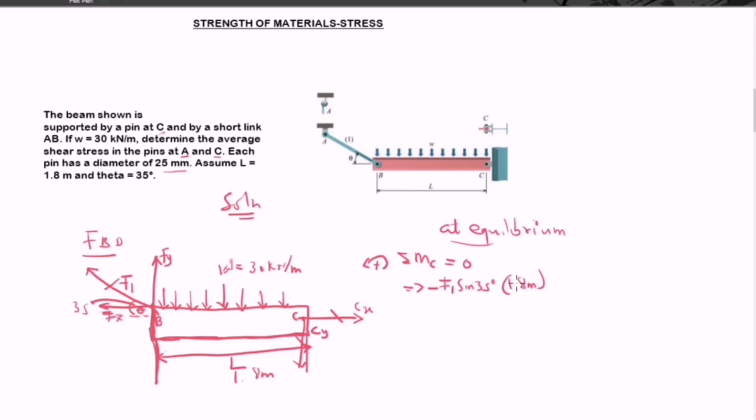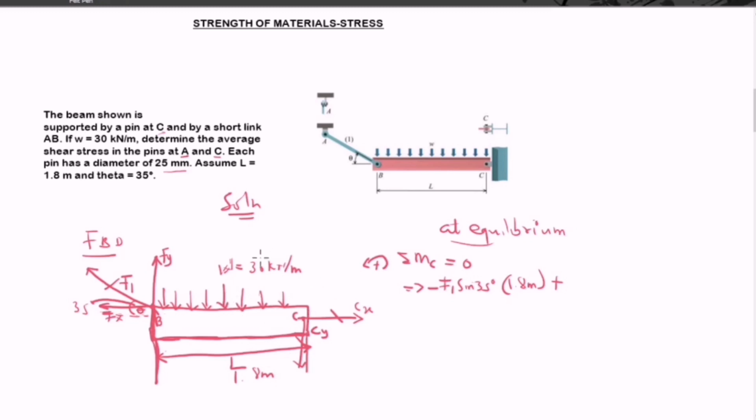Now, then we move on to the next one. We can see this W is also acting at the center of the beam. So we need to also find the moment from the W to the C. How do you do it?